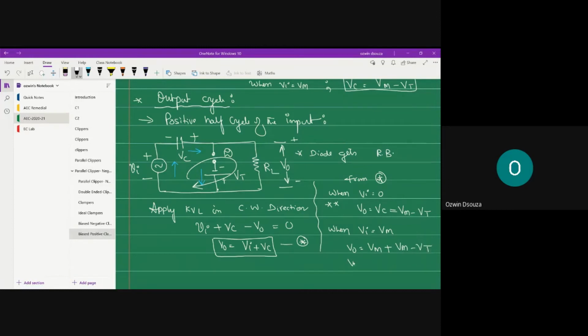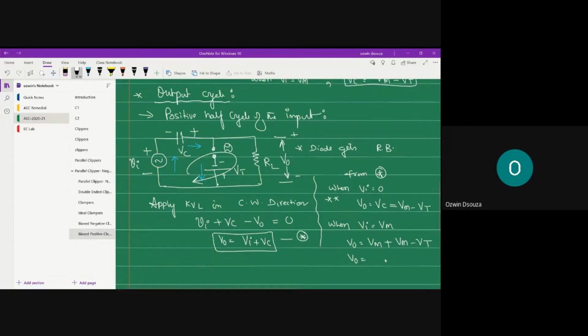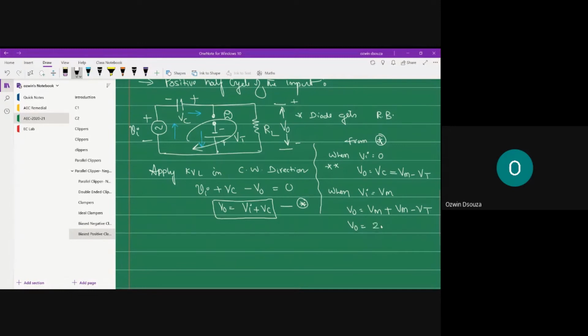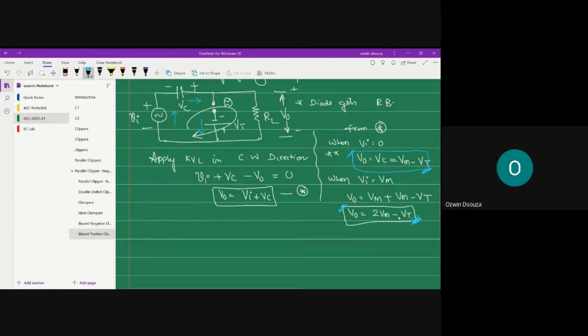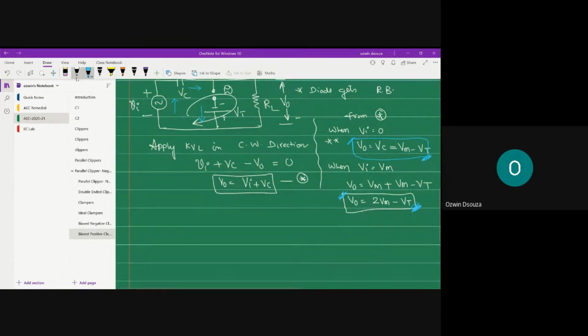So the output peak is going to be at 2Vm minus Vt level. I'll just mark it with a different color, because this will help you in sketching the waveform as well. You would be requiring these blue boxes while plotting the output. So that's for the positive half cycle.